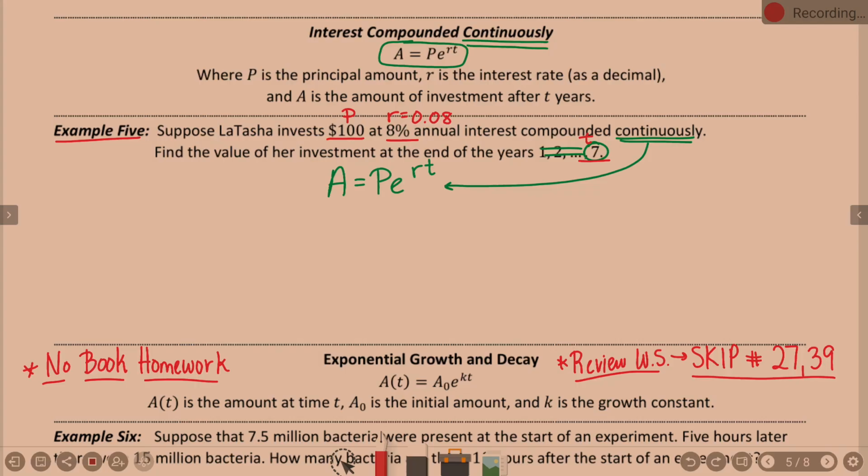Fair enough? So, plug it in. P, so 100 times E to the 0.08 times 7. It's all about punching the buttons on the calculator. If you wanted to, you could go ahead and do the 0.08 times 7, but you don't even need to. 175.07. $175.07. Oh. Okay.